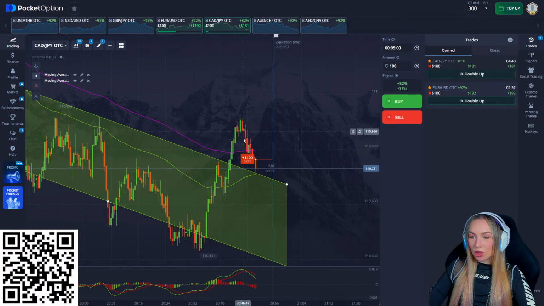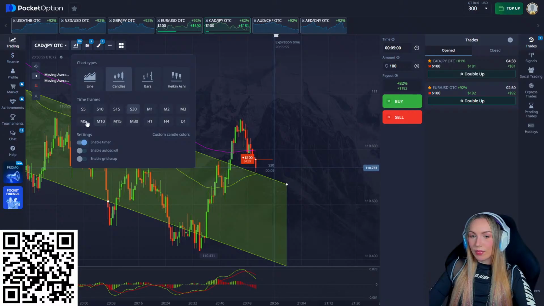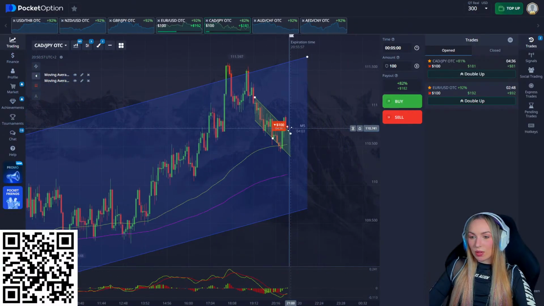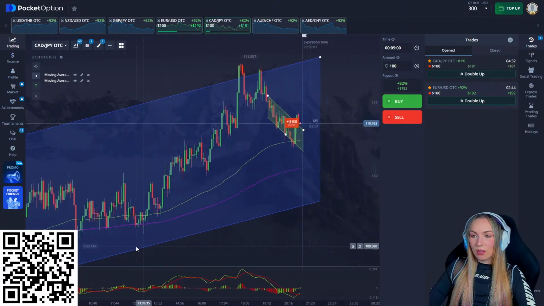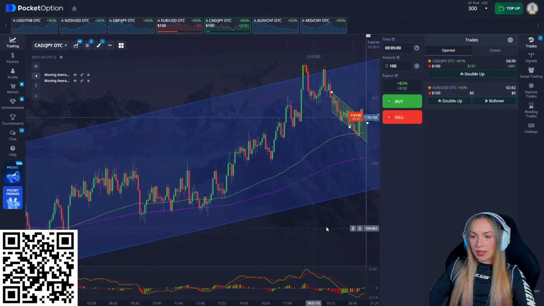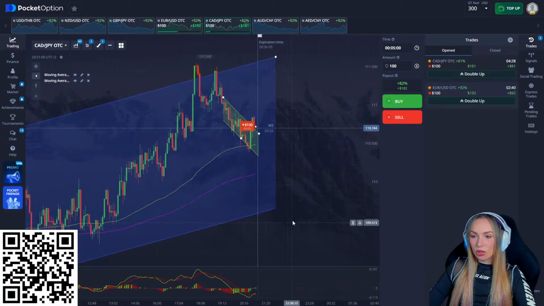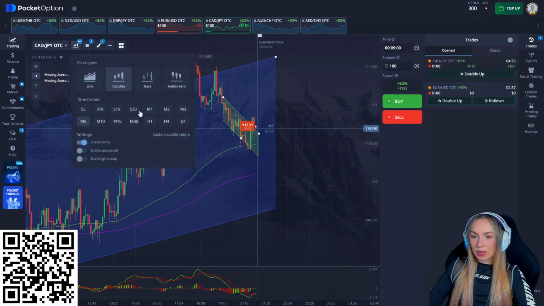This one was just a false break, so I believe that it will go down again, even though it's moving in the upward channel, but this one has a clear structure.